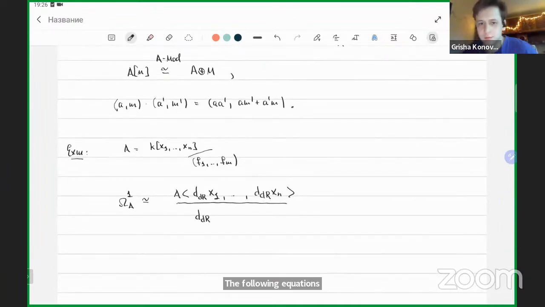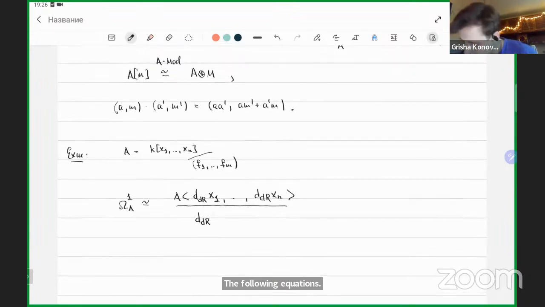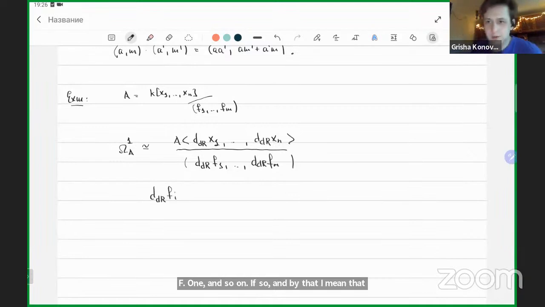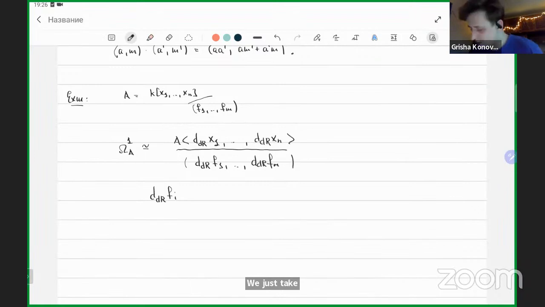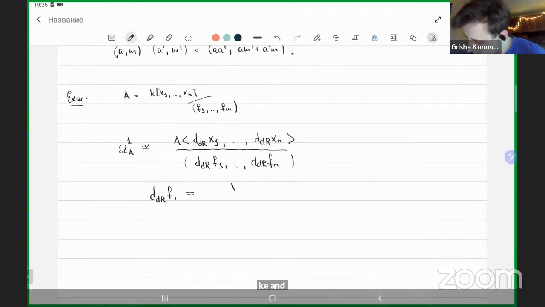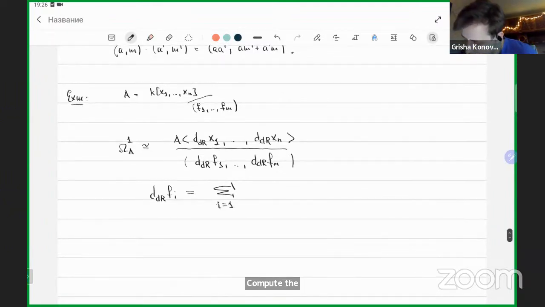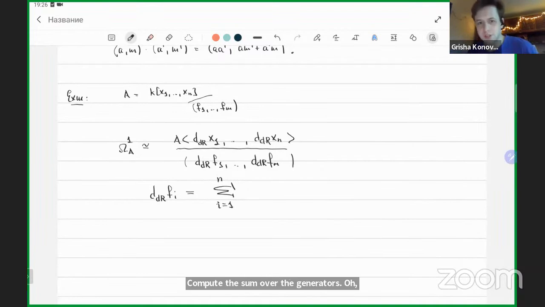They are denoted by d of f1 and so on, d of f sub m. And by that I mean that we just take a polynomial and compute the sum over the generators of its partial derivatives times d of the generators.